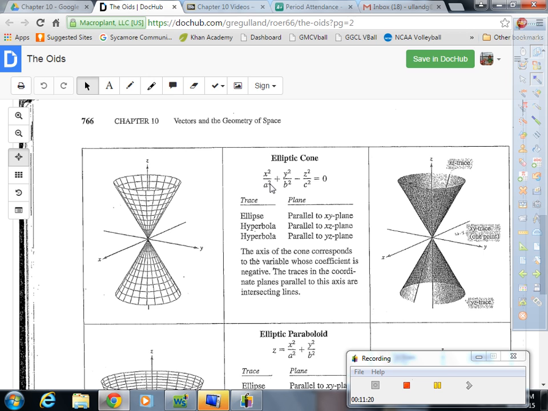And again, if you had z squared over a squared plus y squared over b squared minus x squared over c squared equals, notice this is a 0 now, well then this thing would be rotated about the x-axis. It would be facing a different direction.